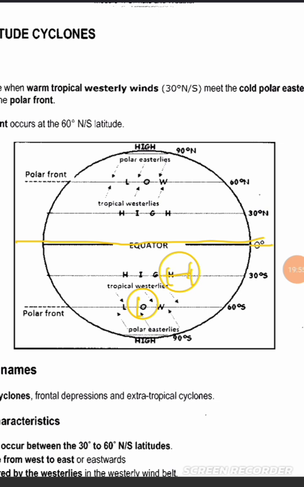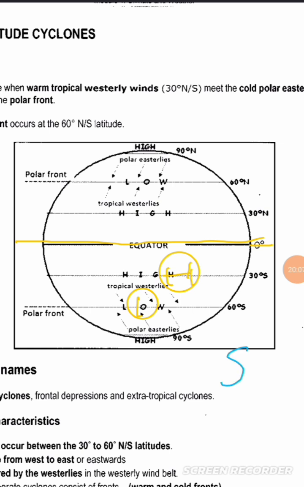It means that around the low pressure cell in the southern hemisphere, air will rotate clockwise.